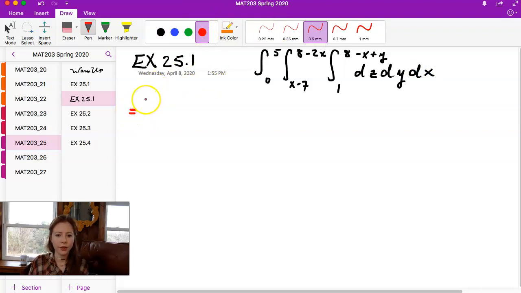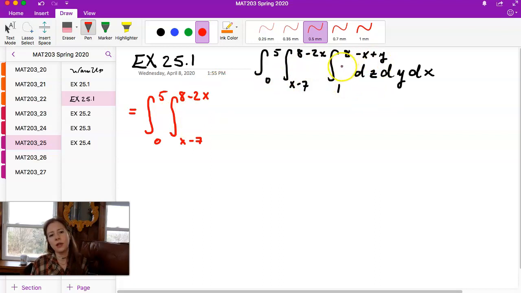Okay, so let's now evaluate this. Once again, we start with the innermost integral. So looking at dz, we just keep the outer integrals exactly as they are. So from 0 to 5 in the x, and from x minus 7 to 8 minus 2x for y. And so if we integrate dz, that's just going to be z. And we're going to evaluate that from 1 to 8 minus x plus y.